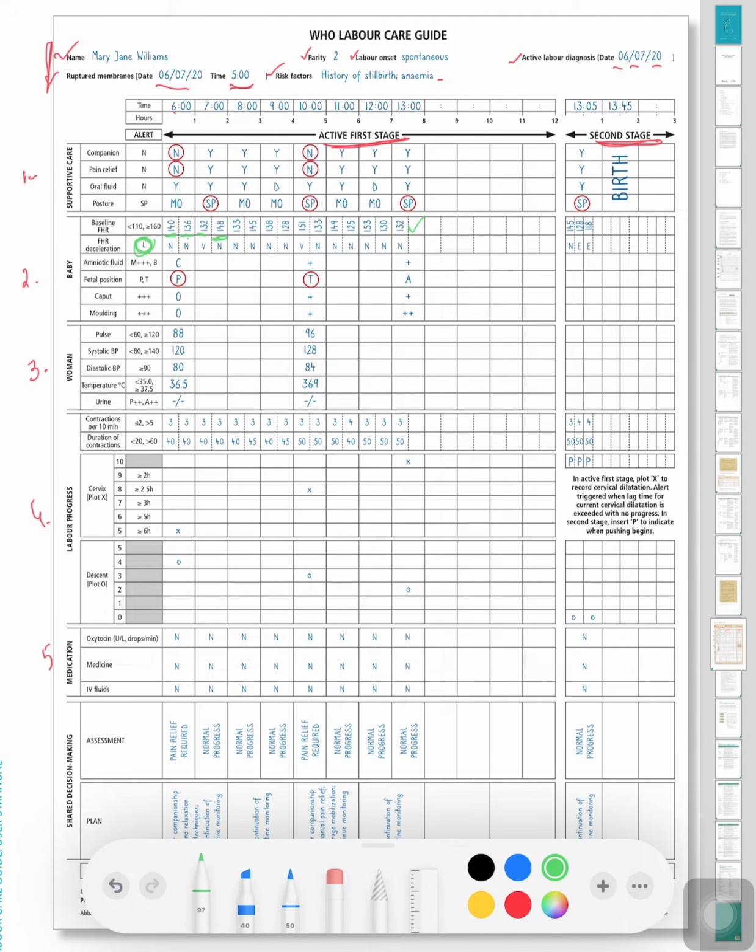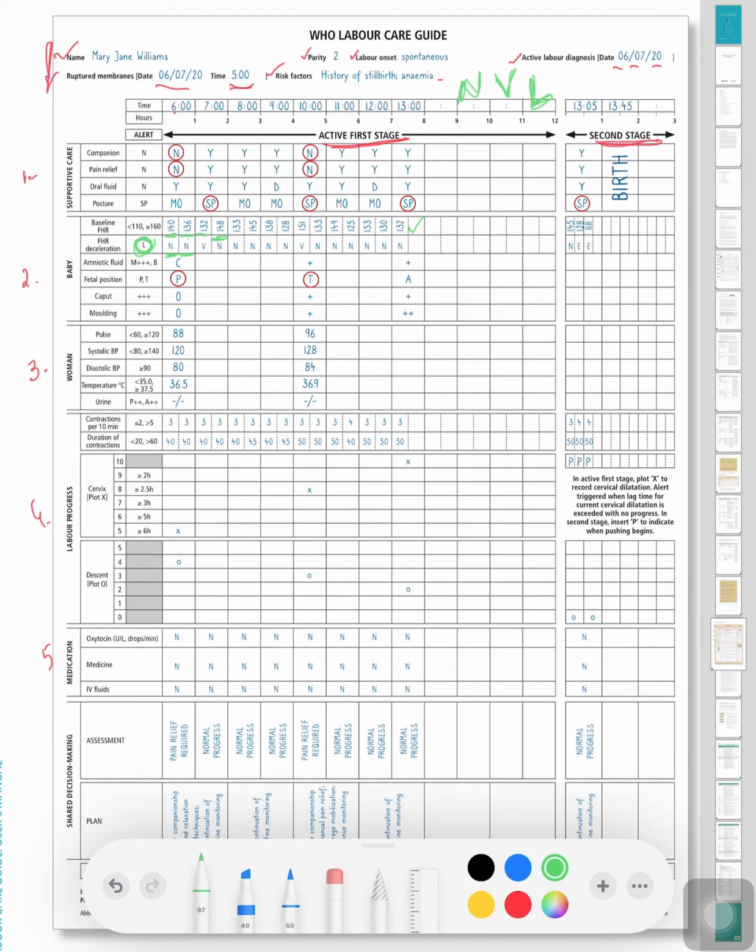So at 6 o'clock there was no deceleration, that is totally fine. 7 o'clock there was no deceleration, you have to write an N for no deceleration, and if the deceleration is variable you have to write a V. Okay, and if it is late you have to write an L, and that is an alert.